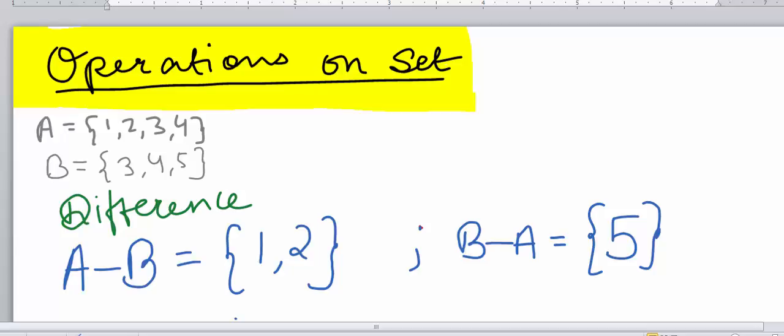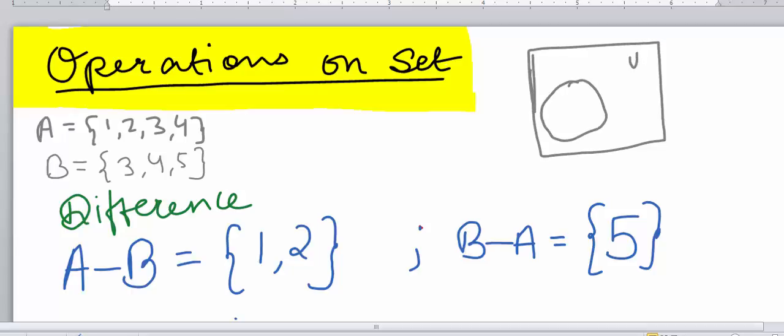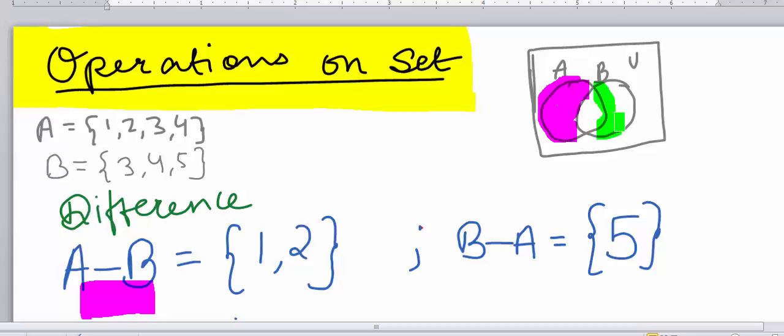Let's visualize it using a Venn diagram. So suppose I have a universal set U. Here is A and this is B. So this portion is A minus B, and this portion is B minus A. Okay.